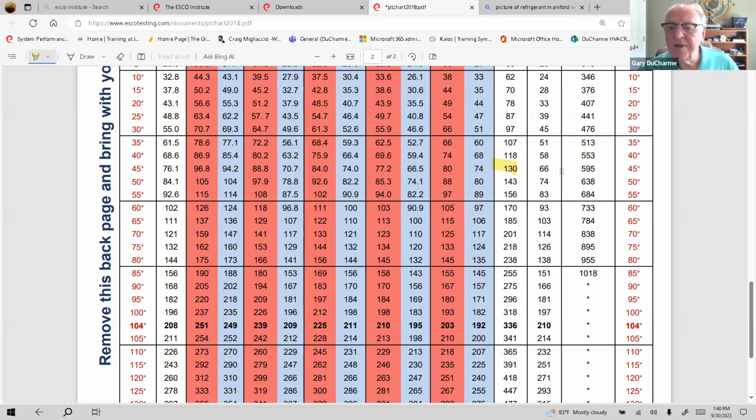But if we drop down to 97 psig because we don't have enough load on that evaporator, something has happened, the filter is dirty, or something happened to the fan motor, we can easily drop down to 97 psig. And that's what we're looking at on our manifold when we hook up. We know we're in trouble then, because at 97 psig inside of that evaporator is 30-degree refrigerant. Okay, it's still saturated. There's still liquid and vapor in there, but it's down to 30 degrees.